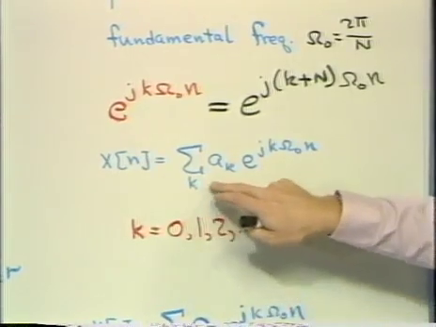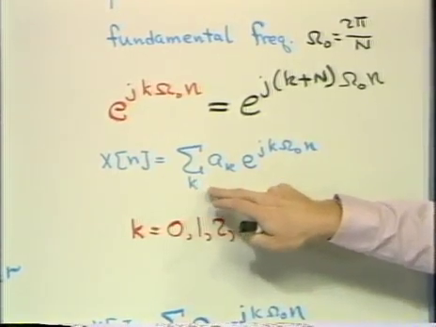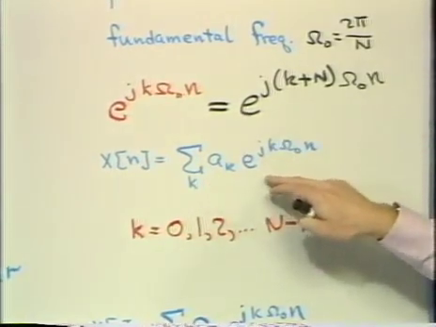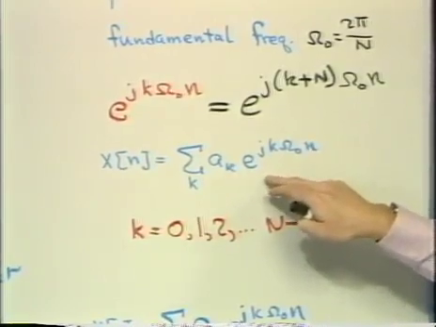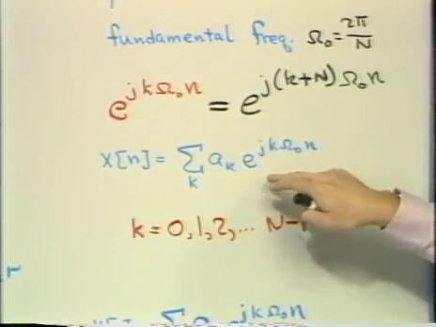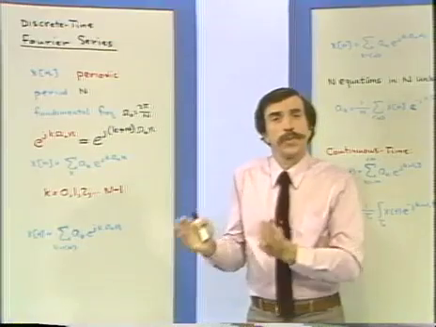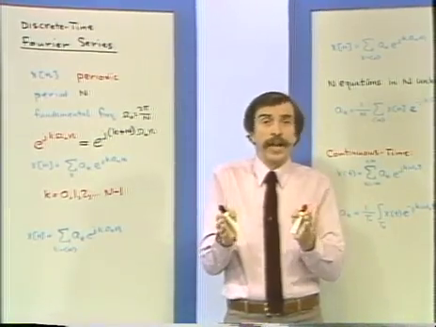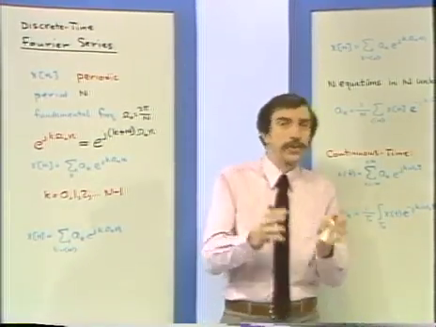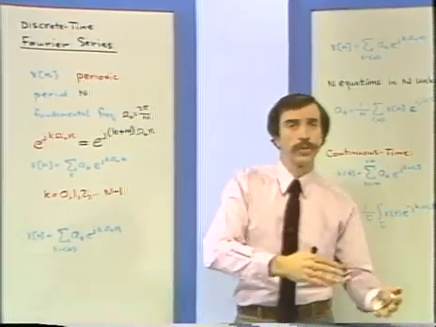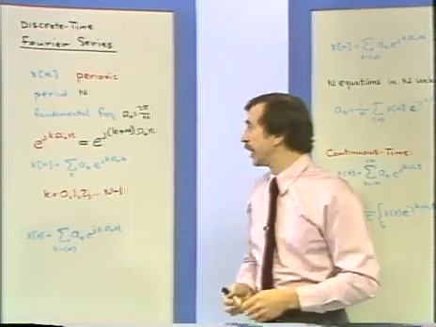So this sum ranges only over capital N distinct complex exponentials, for example, from 0 to capital N minus 1. Although, since these complex exponentials repeat in k, I could consider, instead of 0 to N minus 1, from 1 to N, or from 2 to N plus 1, or whatever.